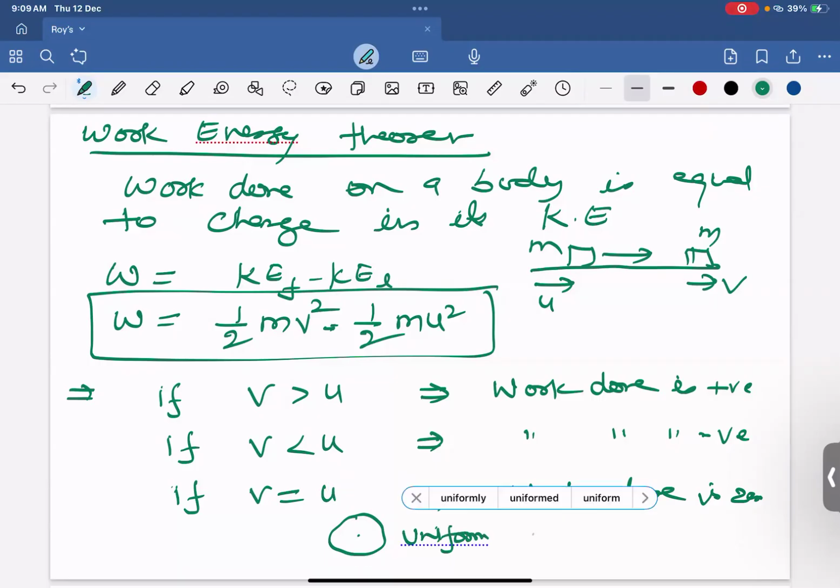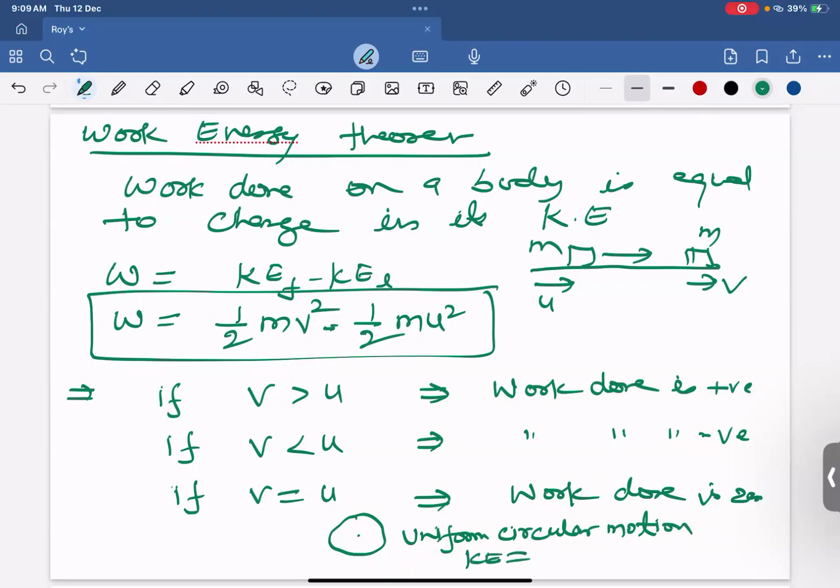Speed is constant, which means kinetic energy is constant. There is no change in kinetic energy. So we can say that here also work done will be zero. So this is another method to find the work done.